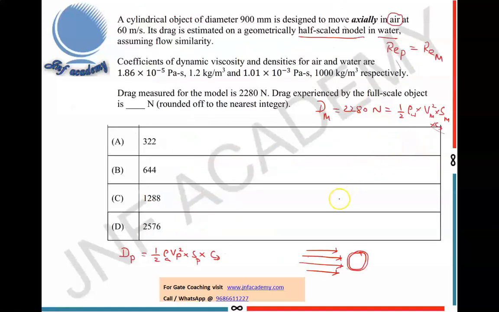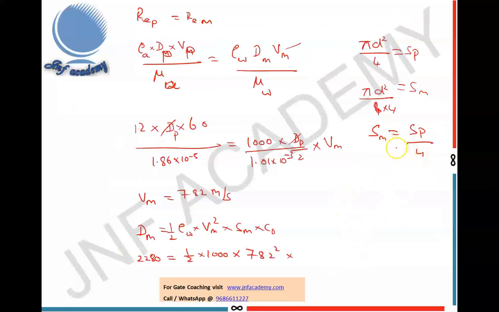Since it is a cylinder, if the model's diameter is reduced by half, the area will get dropped by 4 times. Okay, so keep that in mind. So now instead of SM, you can put SP by 4 into CD, right? Now in this equation, everything is known except CD. SP we'll just keep as SP only, so that it will be easy for us to cancel. Then CD will become something like this.